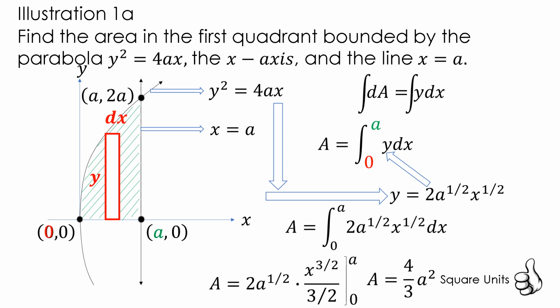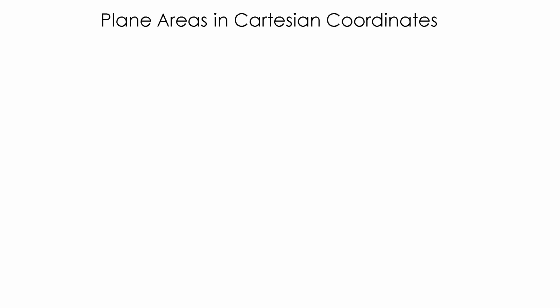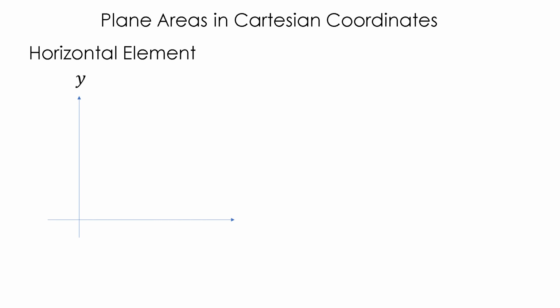To solve plane areas in Cartesian coordinates, we can use the horizontal element. Considering the y-axis and the x-axis and a curve whose equation is equivalent to y as a function of x, or x is equal to the function of y.